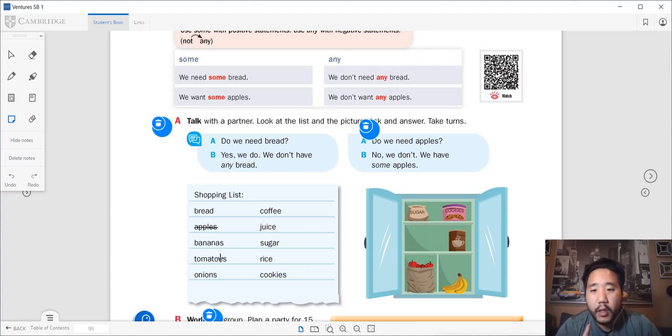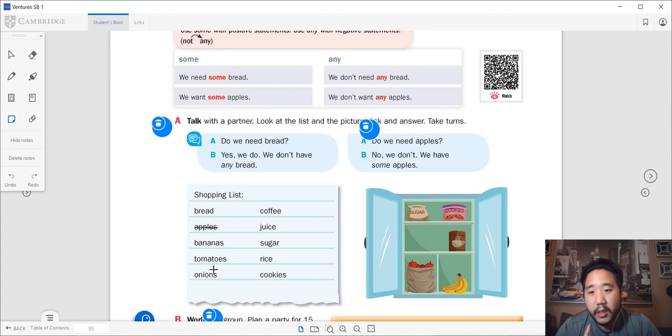Tomatoes. Do we have any tomatoes? Here, instead of saying need, I said, do we have any tomatoes? No, we don't have any tomatoes. So we need tomatoes. Onions.